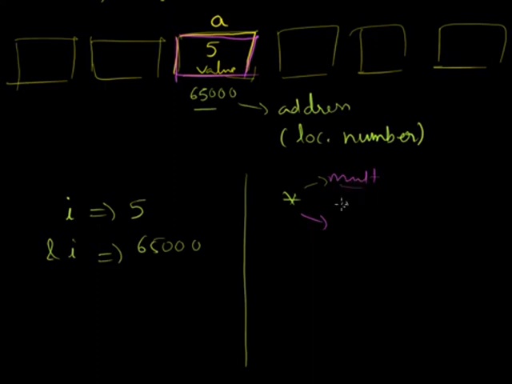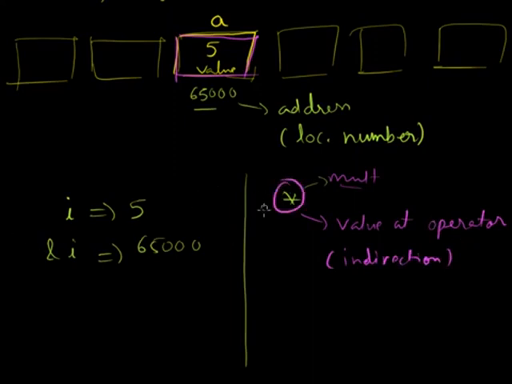One is multiplication, another is value at address. This is the value at operator. It is also known as the indirection operator. It is similar to the address of operator: the address of operator gives the address, and the value at operator gives the value at an address.